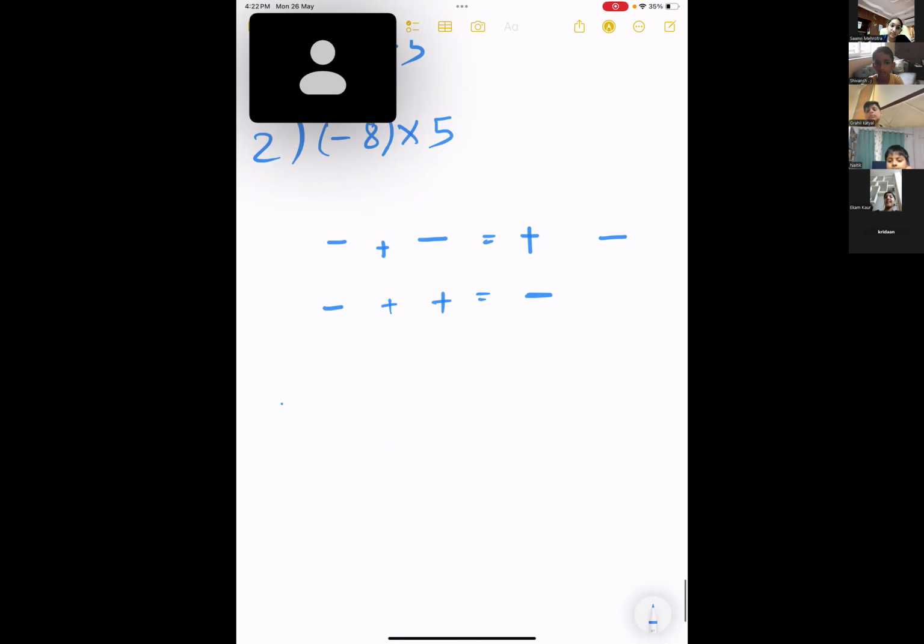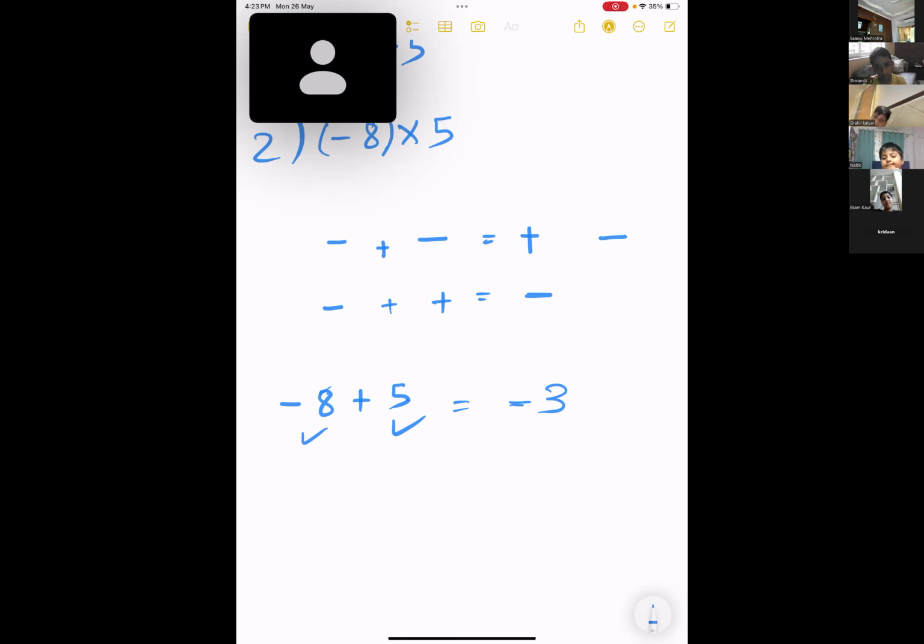Which means minus 8 plus 5. What is the operation? We have to subtract it. So 8 minus 5 is 3. But we have to see which sign it is going to take. Since 8 is bigger than 5, I'm going to give a minus over here. Is this clear? Till here, did you understand?